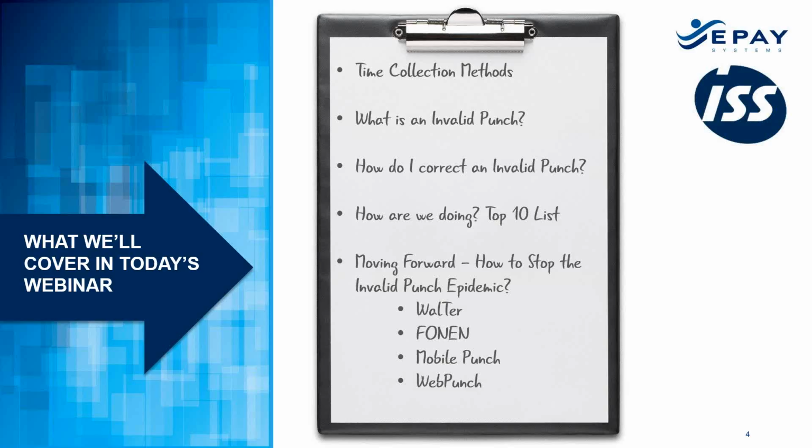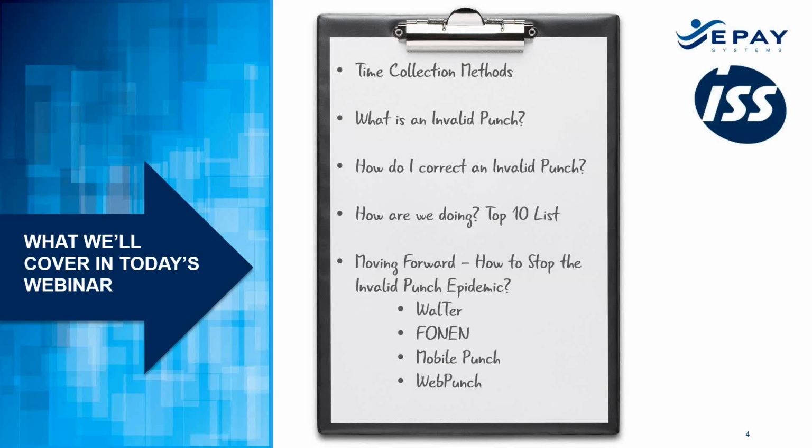As we go through today's session, we are going to be covering the following items. Today we'll be focused on time collection methods. I'll talk briefly about the different options employees have to punch in and punch out. Then we'll go through what exactly an invalid punch is, which is the only topic we'll be covering today. Then we'll discuss how to correct those invalid punches, just a general overview of that process.